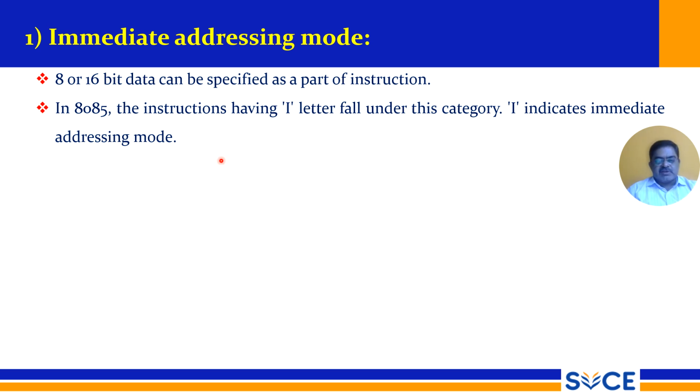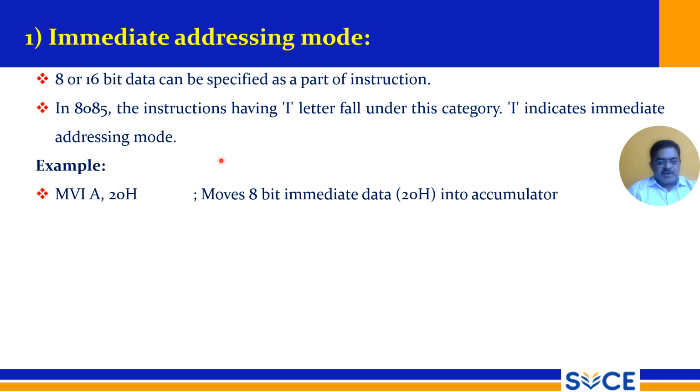For example, MVI A, 20H. This is the instruction. There are 74 instructions in the 8085 microprocessor, and we are going to discuss all 74 in the next session, in the instruction set session.